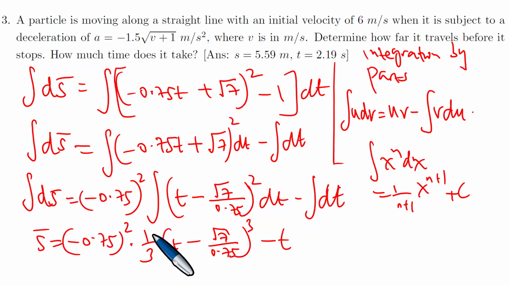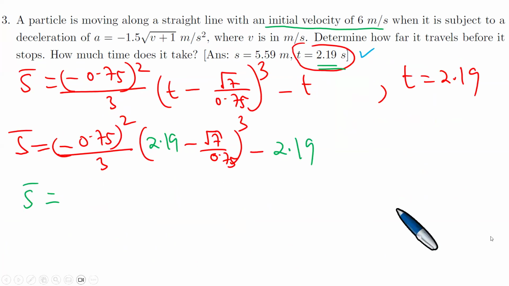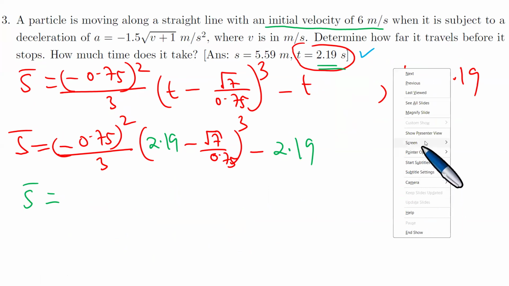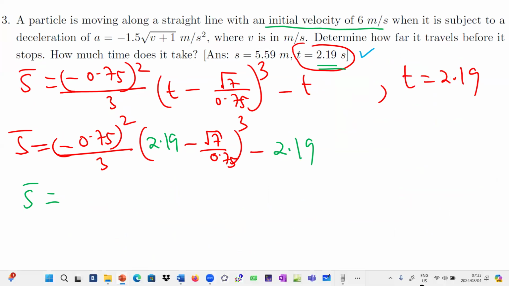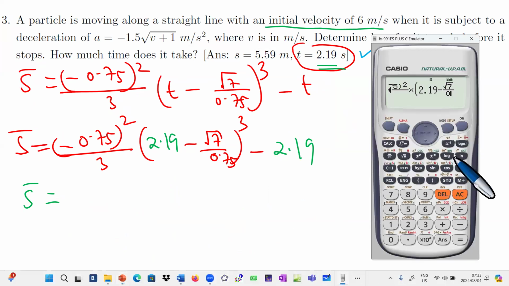I'm trying to establish whether we're punching this correctly on the calculator. Check again. So that's going to be a minus 0.75. I believe the 0.75 itself is correct.